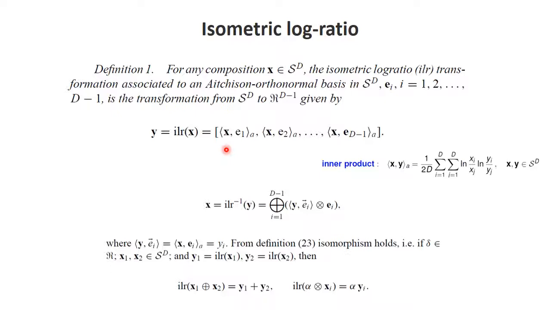You can see that the log occurs in there simply by the fact that we're using the inner product as defined before. Once we have that, we can go back, which is just projecting back. This is simply the same thing as we do, say, in PCA. We can always construct back once we have the orthonormal basis. And that provides us now with the isometric log ratio.